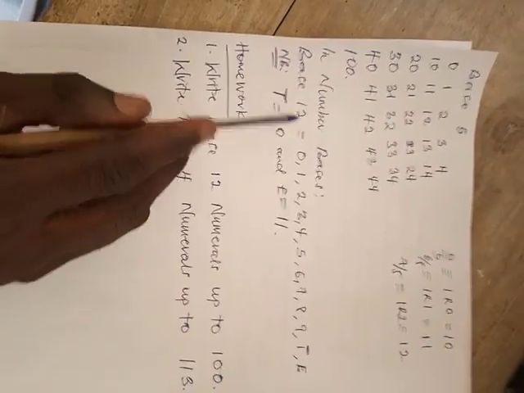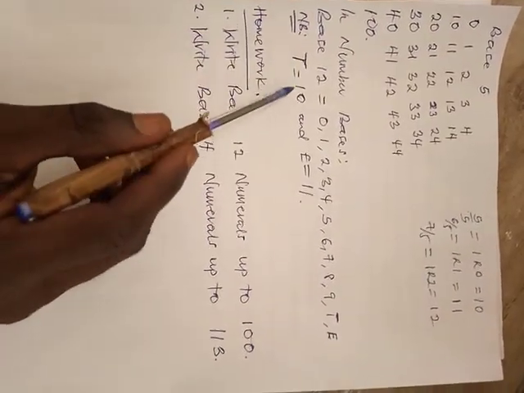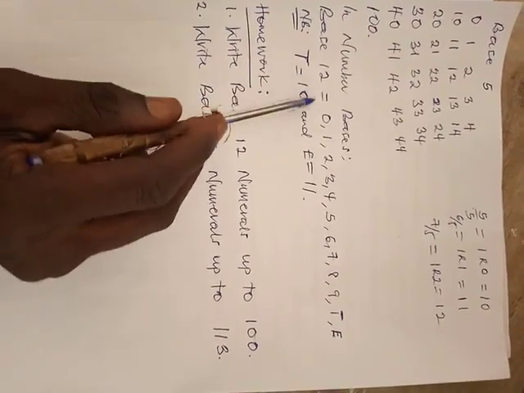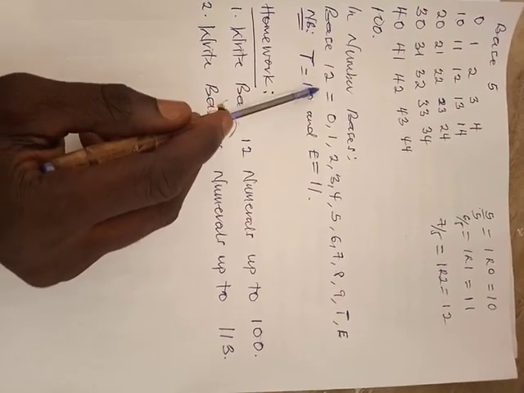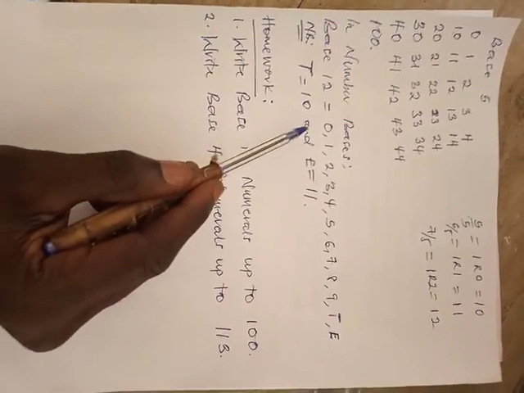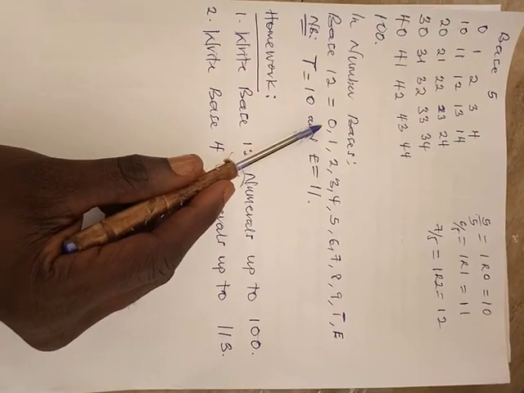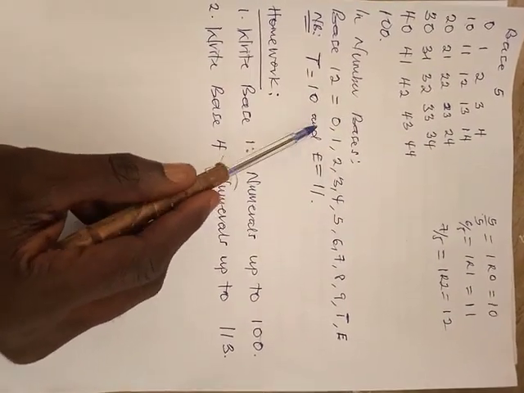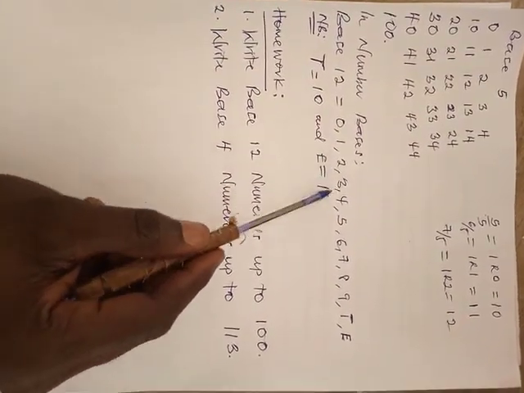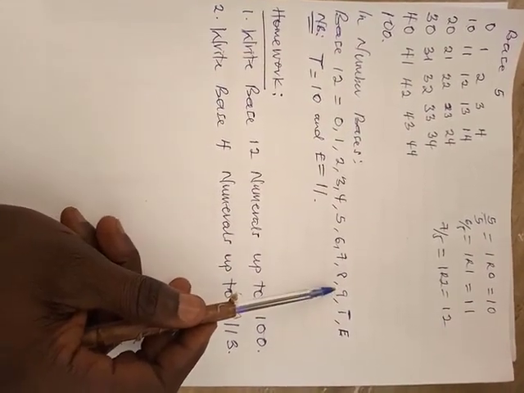Now let's move on. Again, in number bases, there is one thing here that we need to look at. Under base 12, as we said earlier, all numbers in a base start from 0. So the numbers in base 12, we have 0, 1, 2, 3, 4, 5, 6, 7, 8, 9.